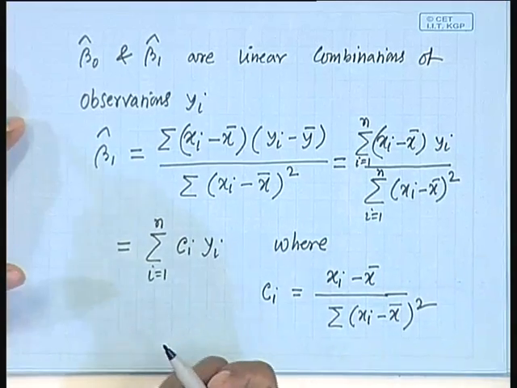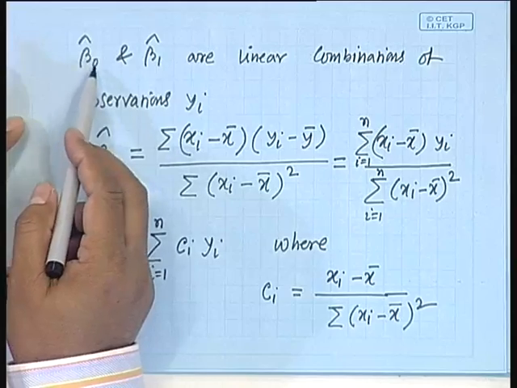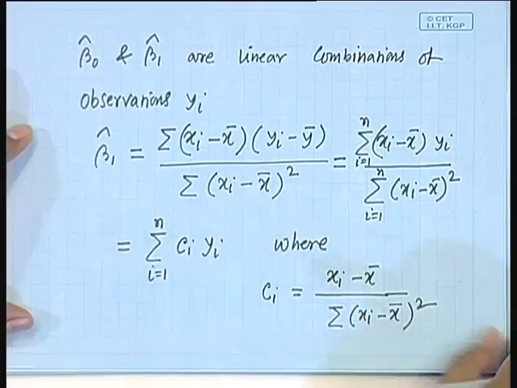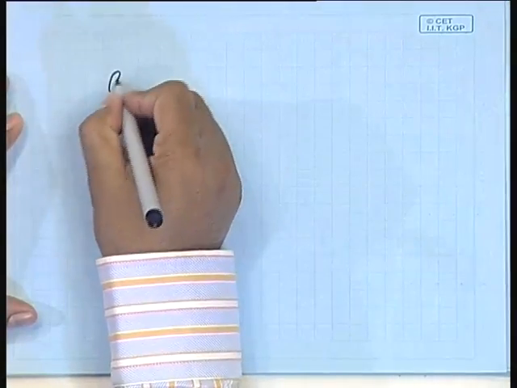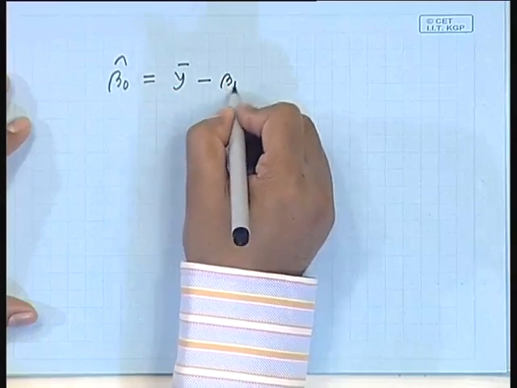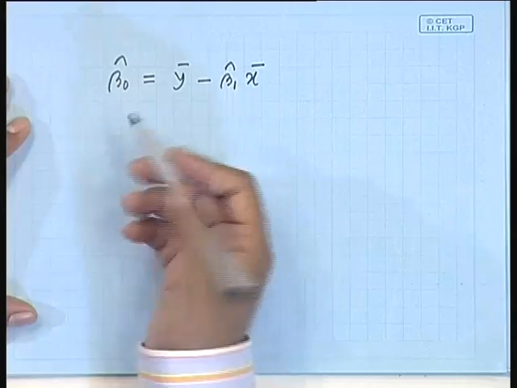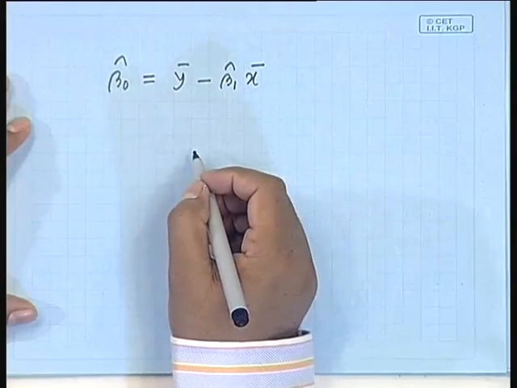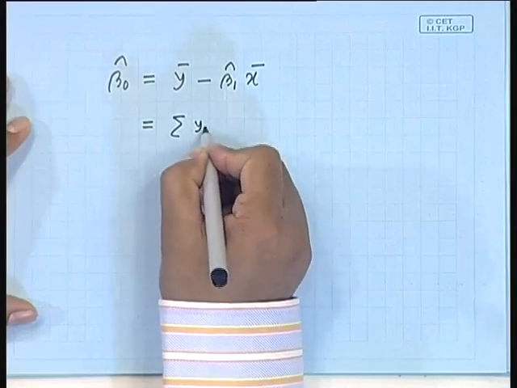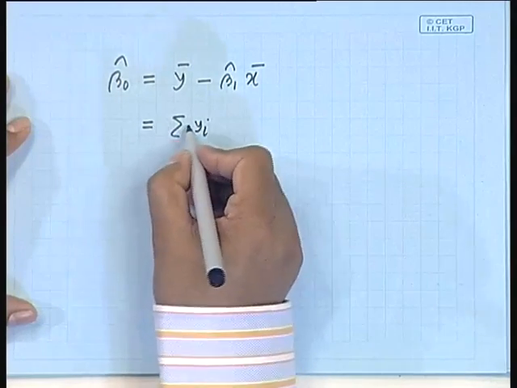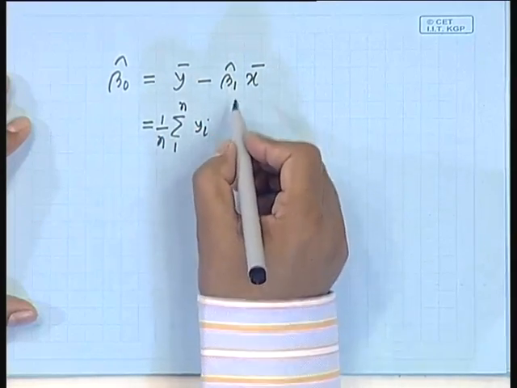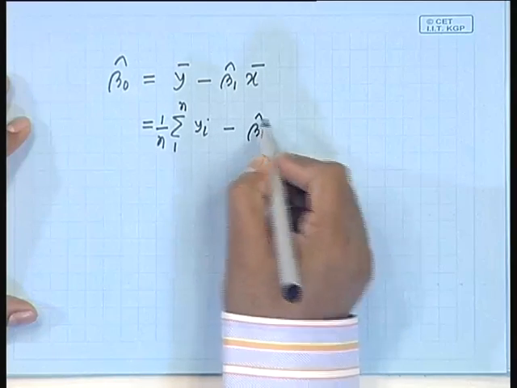Similarly, one can prove that beta naught hat is also linear. What is beta naught hat? Beta naught hat is equal to y bar minus beta 1 hat x bar. So, this is also a linear combination of the observations, because this is nothing but summation yi from I equal to 1 to n, and minus beta 1 hat x bar.